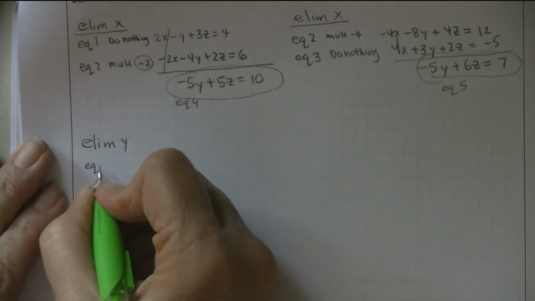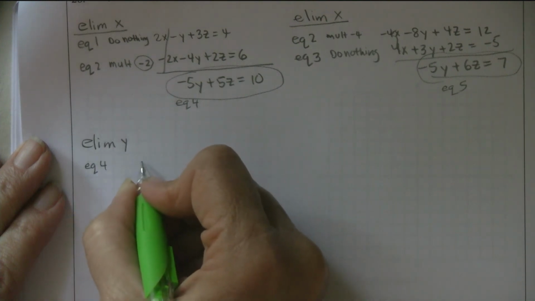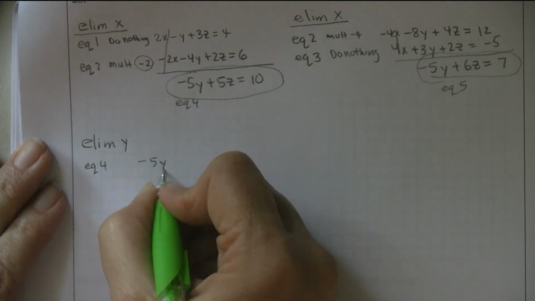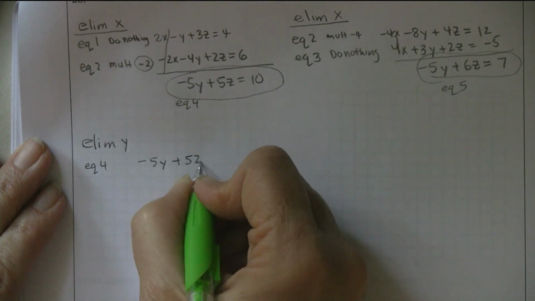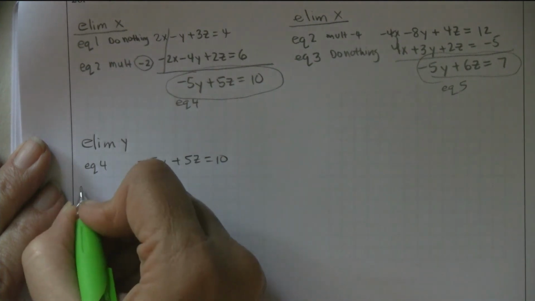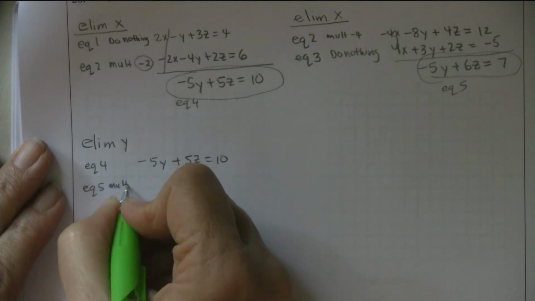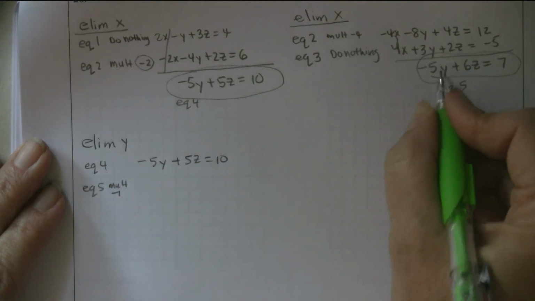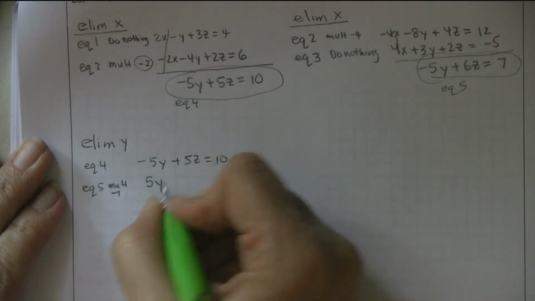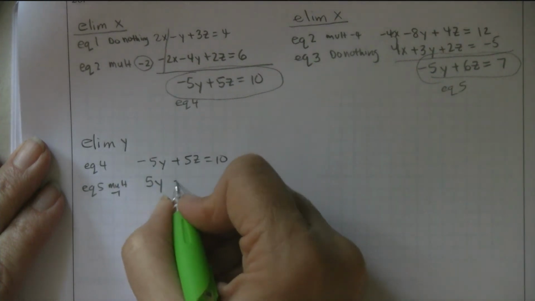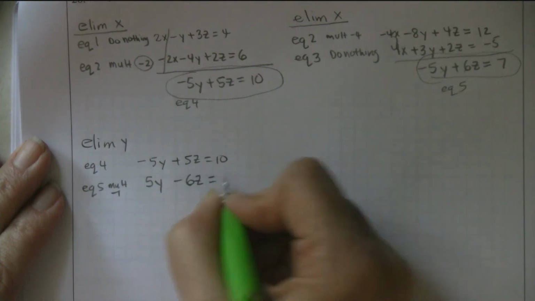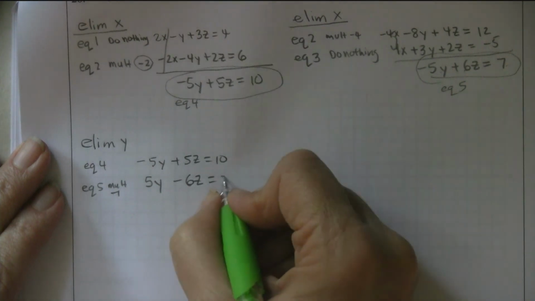So equation 4, I'm thinking about doing nothing to it. And equation 5, I'm going to multiply by -1. So here times -1, 5y. Here times -1, minus 6z. And here times -1, -7.